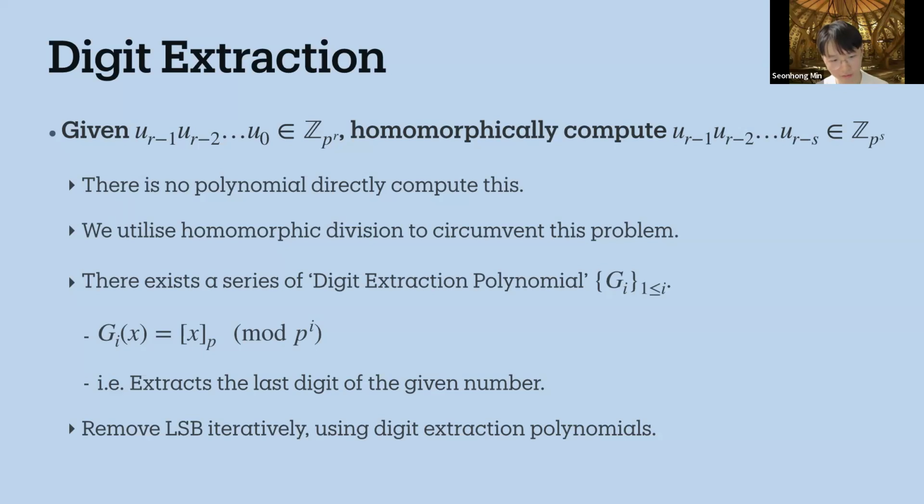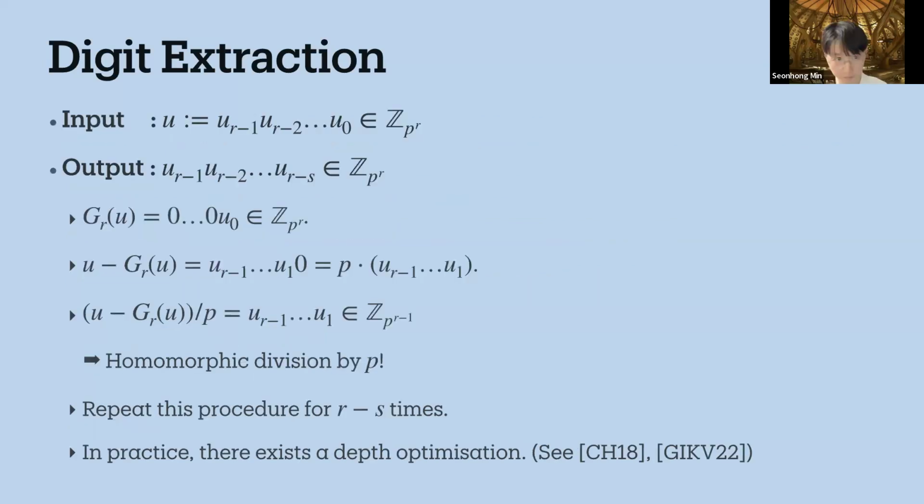So since we have the LSB, we can subtract it from the original input, and using the homomorphic division by P, we can get rid of the LSB. If you see the algorithm, you first compute G_R, which is the R-th digit extraction polynomial, and then you get the last digit extracted.